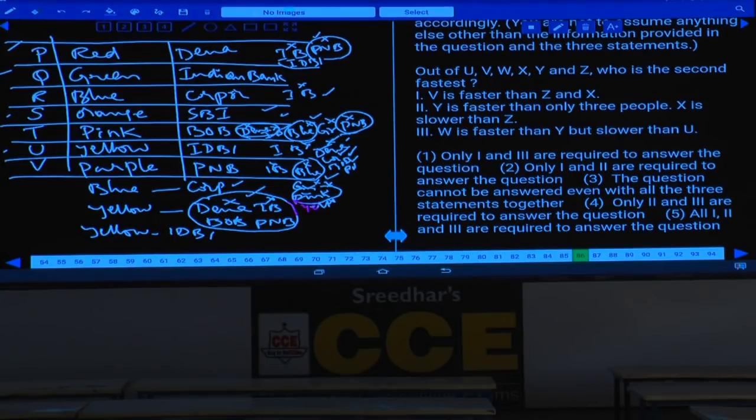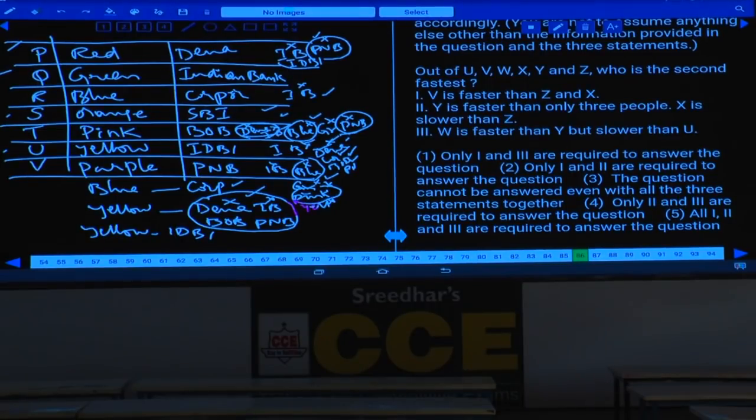Yes, tell me what about this? Now in this data sufficiency, question numbers 86 to 90. Out of U, V, W, X, Y, and Z, who is the second fastest? Now tell me how many statements are given in this one?